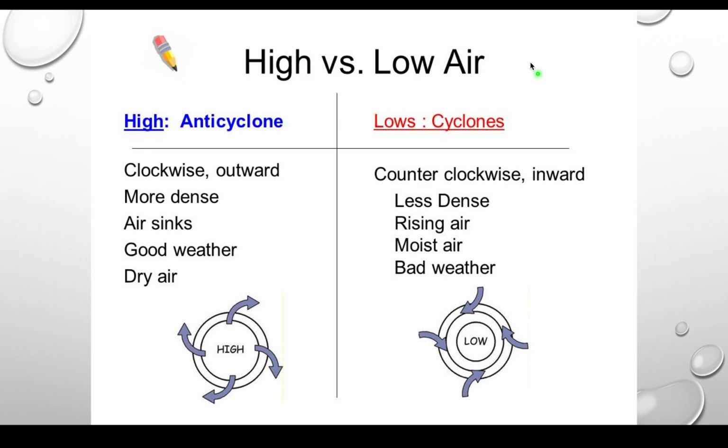And if we were to think back about air pressure, we said high pressure is clockwise and out. We tend to have good dry weather. Low pressure, counterclockwise and in. We see lots of bad weather and lots of rain. So that's 8.11 as a summary, focusing on fronts and how they're related to air masses and air pressure.